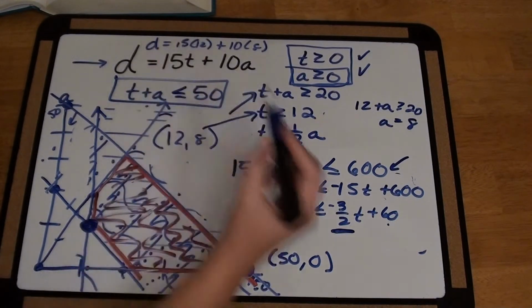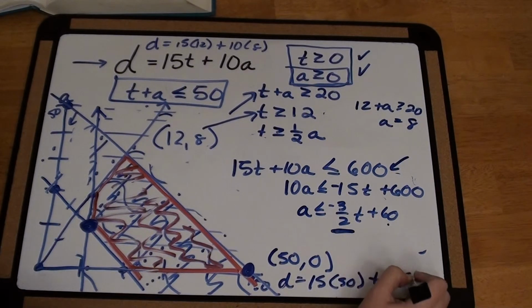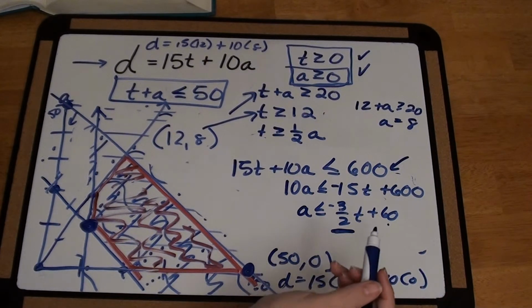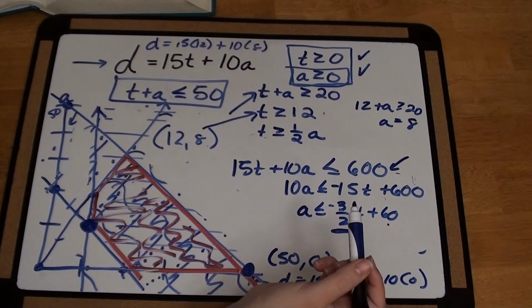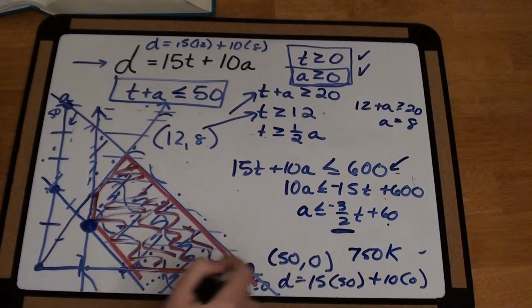If we put this back in, we would get D equals 15 times 50 plus 10 times 0, or what is that, 750,000? Something like that. Yeah, $750,000. Because remember, the dollars here are in hundreds or in thousands.